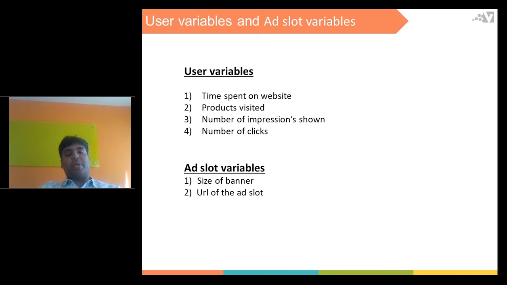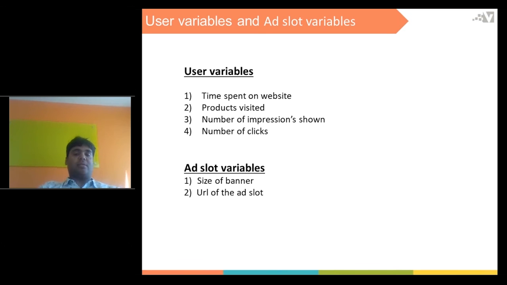These are website level parameters, and there are some channel level parameters, like how many impressions we have shown to this user already, and how many clicks we have got from this user. If a user has never clicked, the probability of click for that user is low. Otherwise, it's high if he's a frequent clicker.